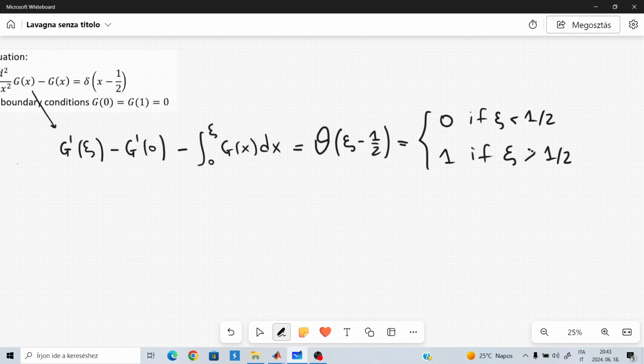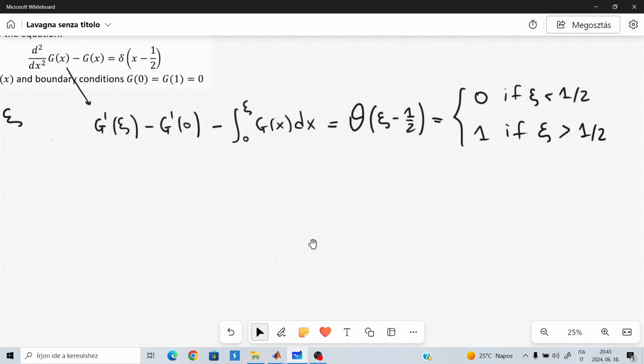Now, I will not take into consideration what happens when xi is equal to 1/2, because the step function is discontinuous at the point xi equal to 1/2. It is possible to extend its definition and give a value to theta of 0. When xi equals 1/2, we have theta of 1/2 minus 1/2, which is theta of 0. So one can give a value to this, but we're not interested in that here, because that's just a discontinuity for the first derivative of the function g.